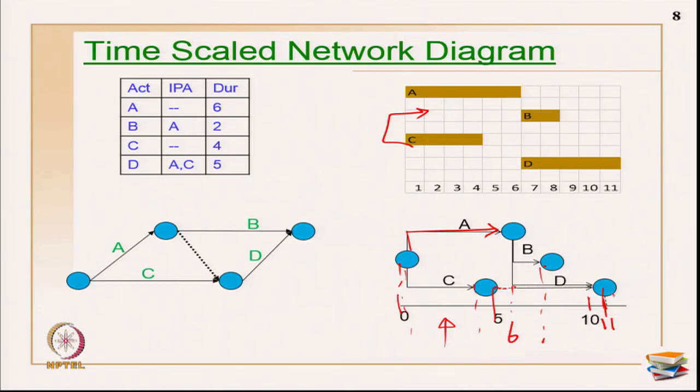So this is activity D, and this is the activity D relationship shown on a time scale view like this. So this is all about the time scale diagram, and only a few people use these time scale diagrams because the bar chart is very convenient, with the linked bar charts.